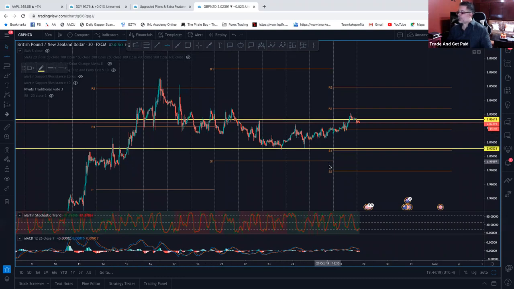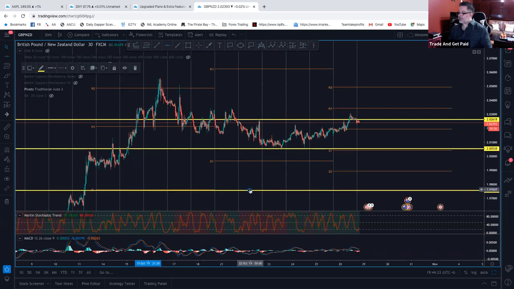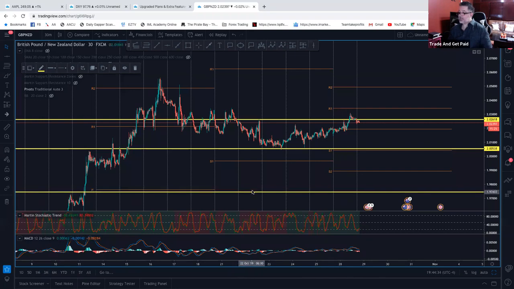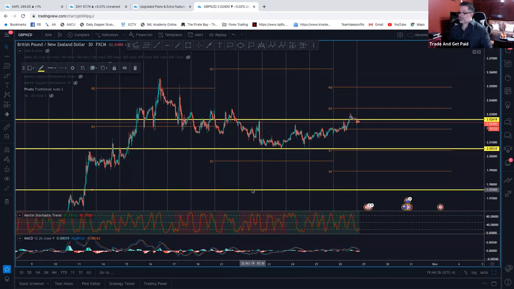If it broke all the way through here, I would get out when it hit there. If it went past support 1 and support 2, it's going to bounce off this pivot right here. Even if it's just to slow down the momentum, it's going to bounce off of there. So I'll be looking to get out there.